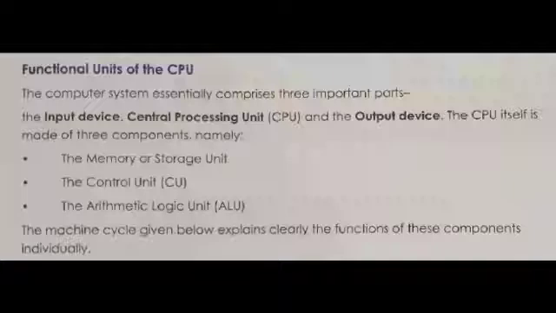The CPU itself is made of three components, namely the memory or storage unit, the control unit, or CU, and the arithmetic logic unit, or ALU. The machine cycle given below explains clearly the functions of these components individually.